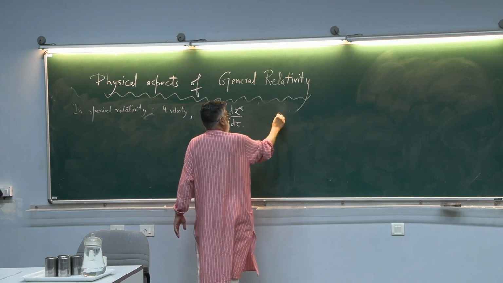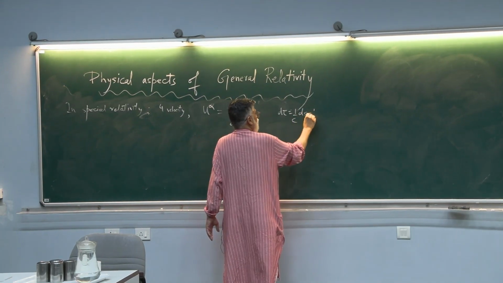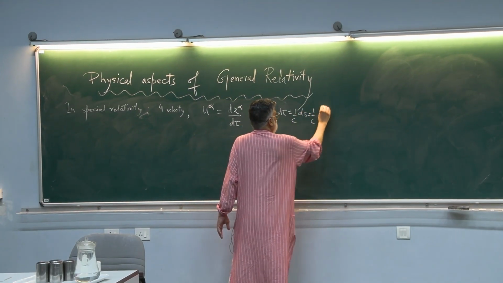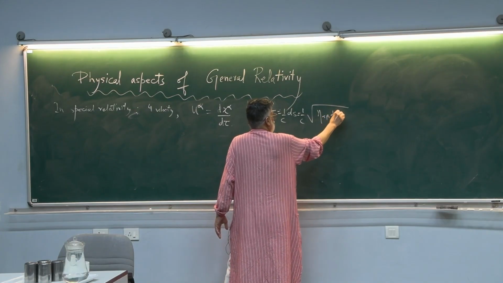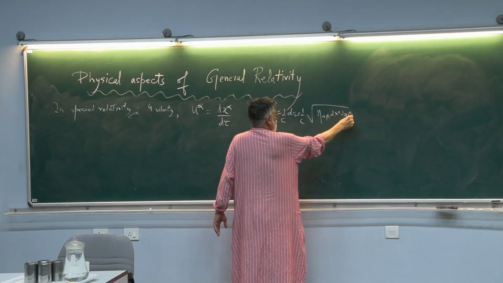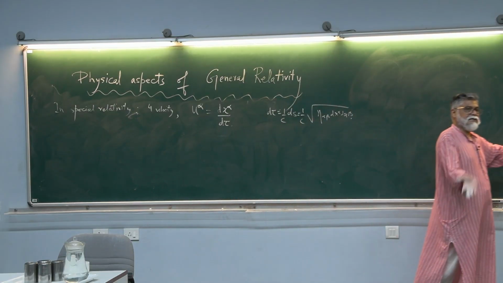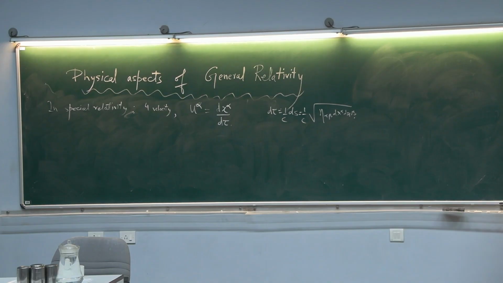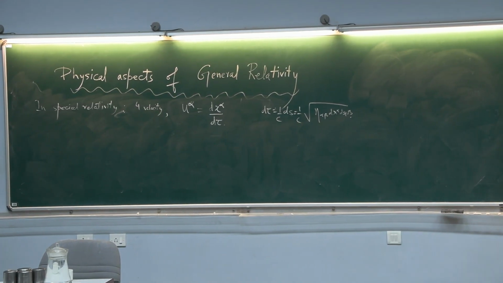What is d tau? d tau is 1 over c ds, which is nothing but 1 over c times the square root of eta alpha beta dx alpha dx beta. I am using the signature plus minus minus minus; otherwise it will be the negative of that. And dx alpha by d tau is the 4-velocity.